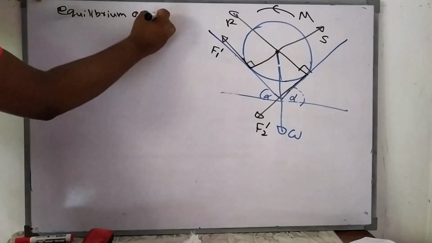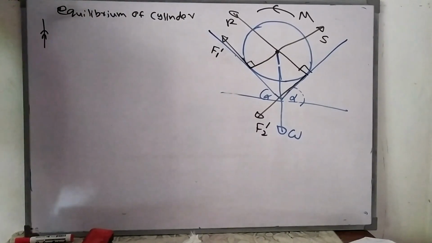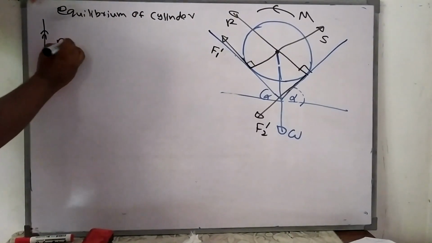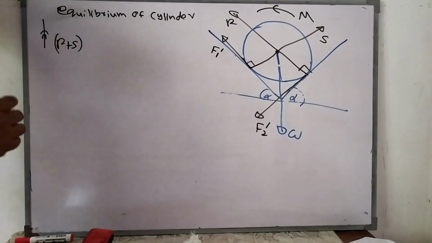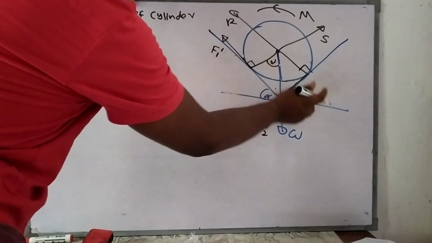So I shift the diagram to the corner because I just need some space. Then we'll see how to take the components, the horizontal and vertical components.